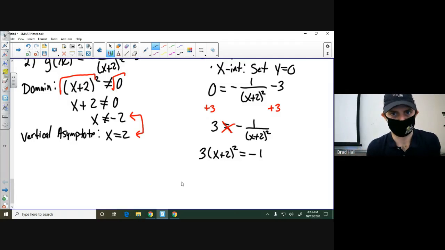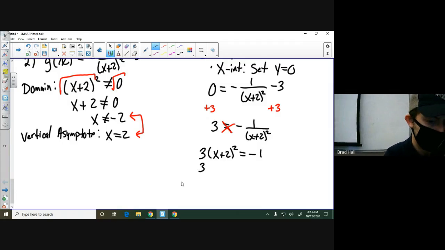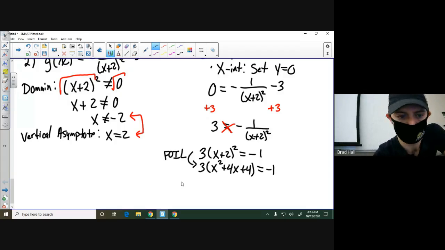Again, workbook problems are more difficult than the actual homework problems, so bear with me. So this is 3 times (x squared plus 4x plus 4) after you FOIL. And then you just simply distribute the 3.